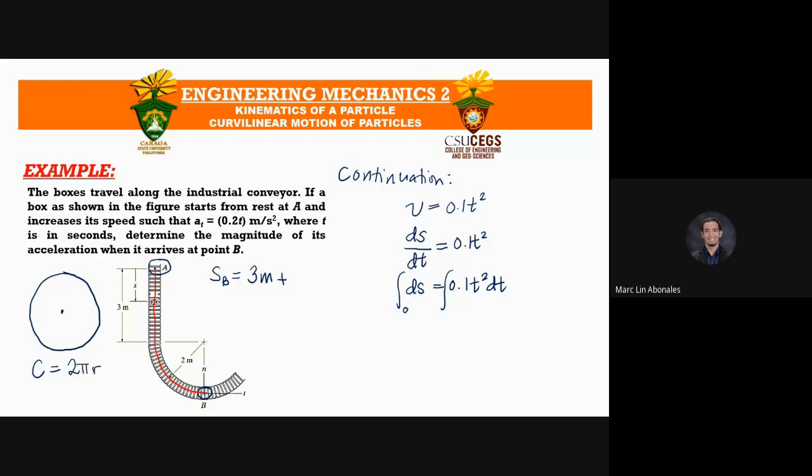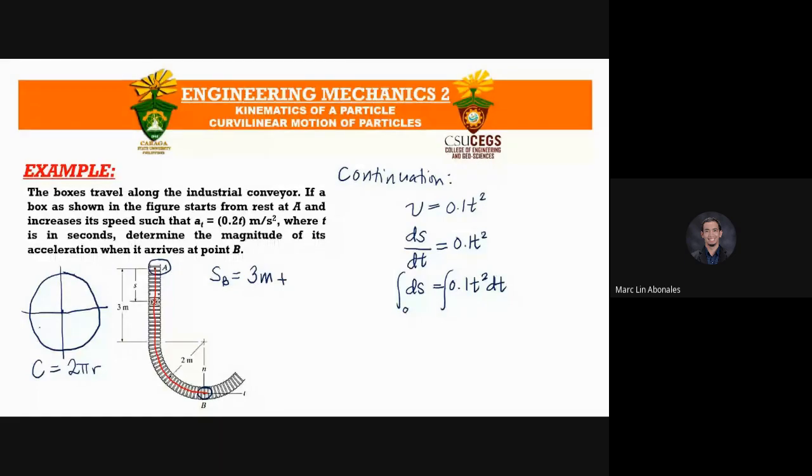That is 2 pi r, since you're talking about circumference, 2 pi means 360 degrees times the radius. And since we divide it by 4, this curve path in the industrial conveyor is 1/4 of the circle.